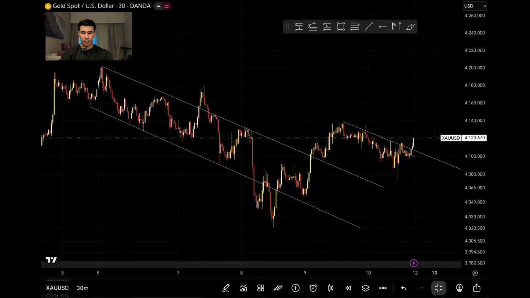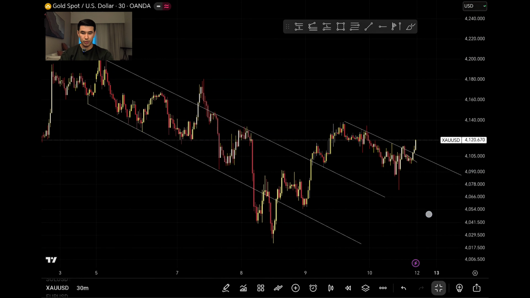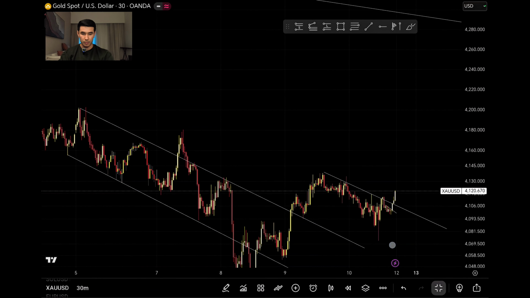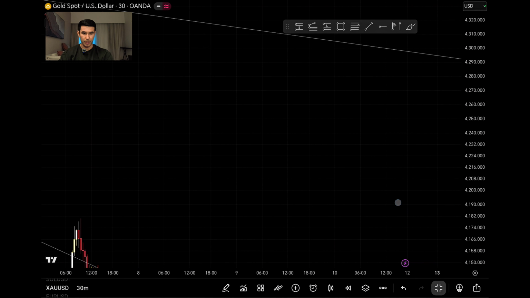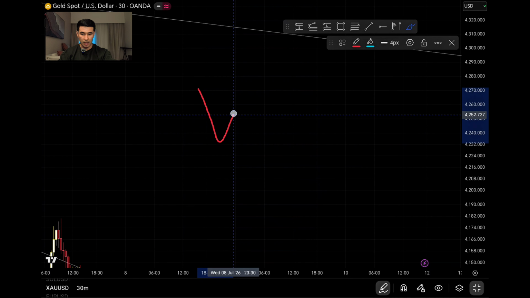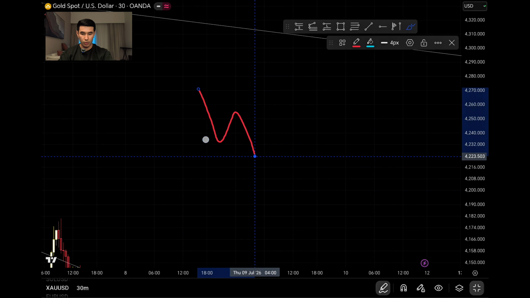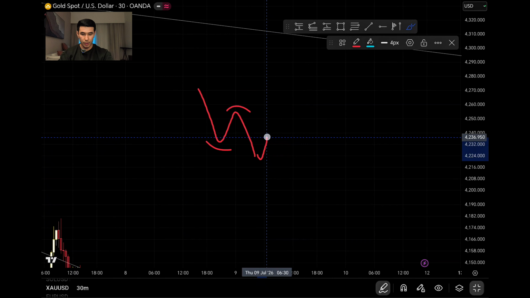If we look at the chart here, 30-minute time frame on gold, you can see a downtrend line here. Before I start, let me explain how to use the Fibonacci real quick. For example, the trend is coming down, creating lower low and lower high, and it starts returning.